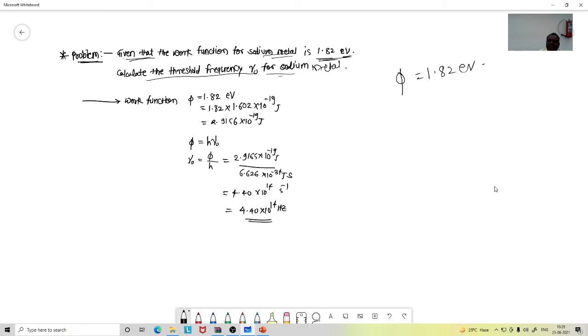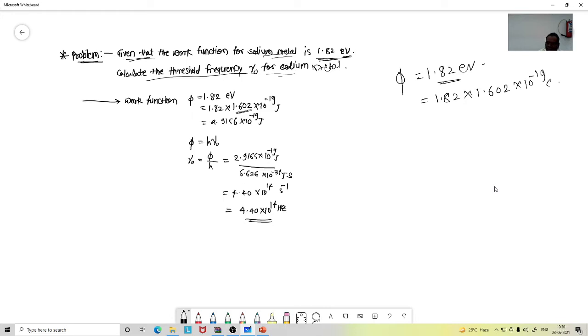Now this 1.82 electron volt value we can convert into joule by simply multiplying by the charge on the electron, that is 1.602 into 10 raised to minus 19 coulomb. That is equal to 1.82 into 1.602 into 10 raised to minus 19.